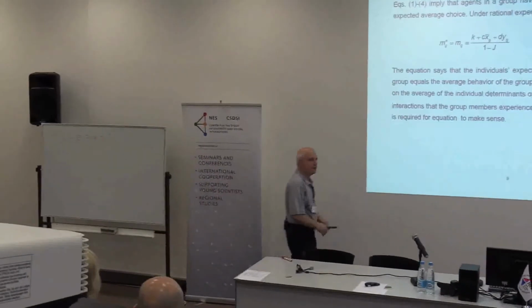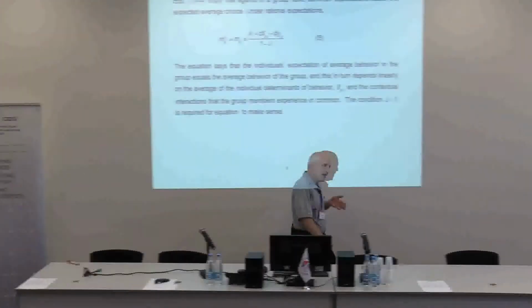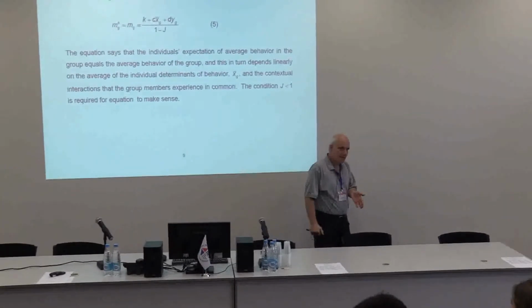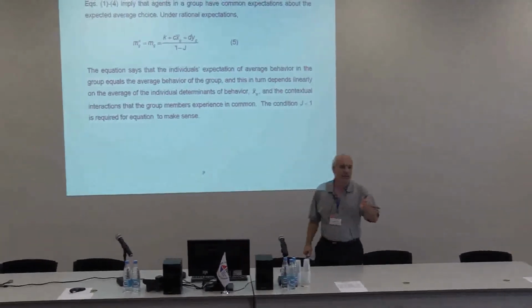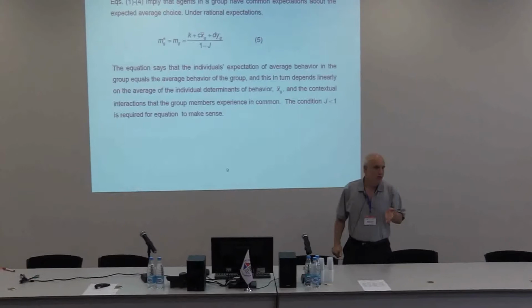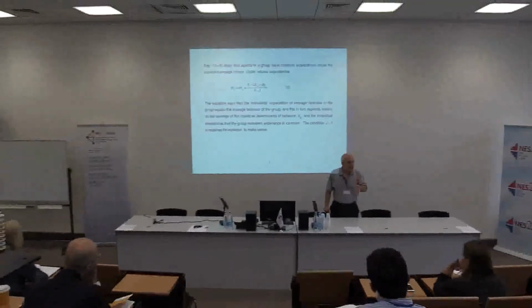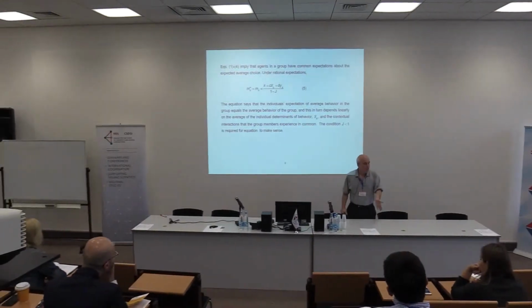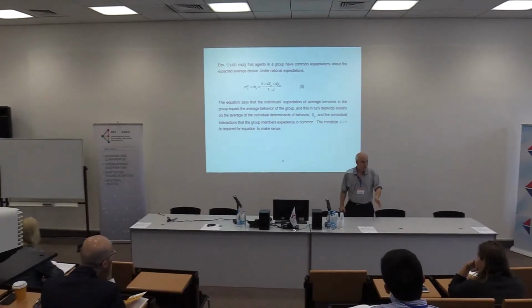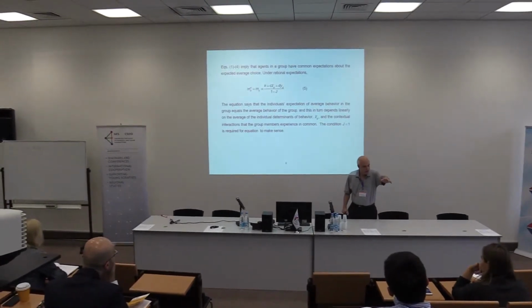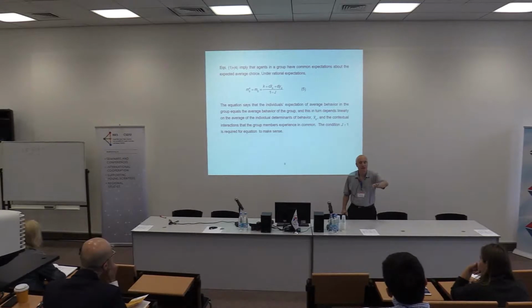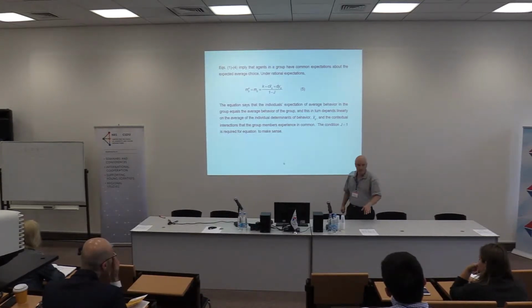And it's very intuitive. The expected value of behavior, the average behavior in the group, is determined by the average of the individual characteristics, those are the X's, and the common effects on everybody, which are the Y's. Now, you take linear combinations of them, and those linear combinations are determined by the parameters of the model.